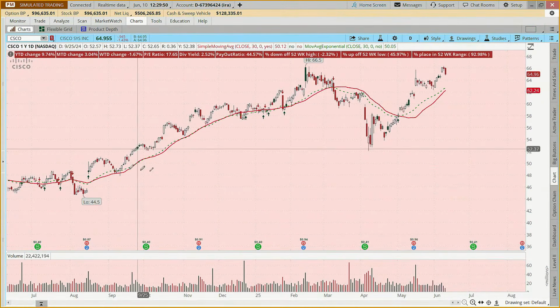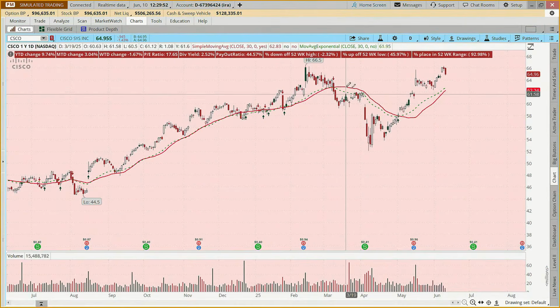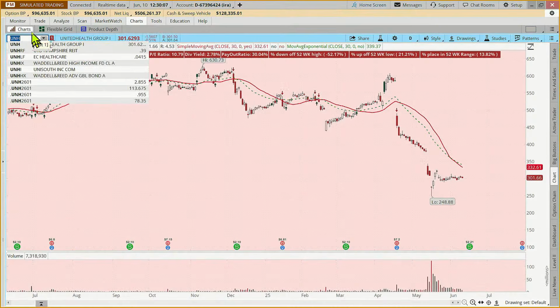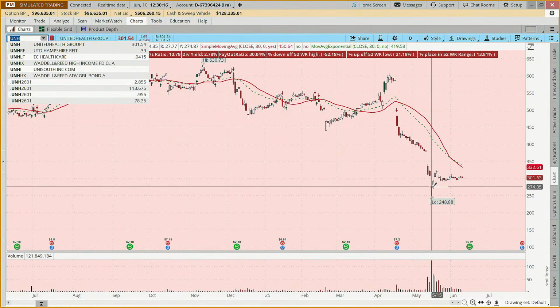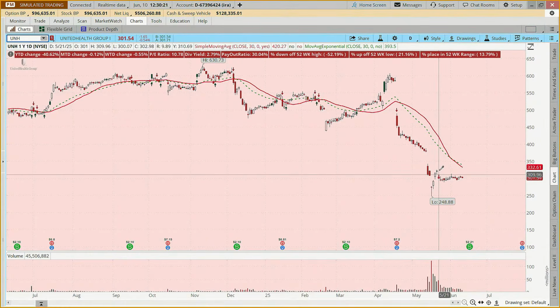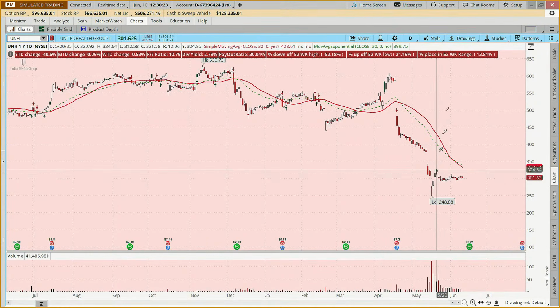So you can see that when I make this moving average exponential, as opposed to a regular 30-day moving average, it tends to drop faster when things drop dramatically. Like if we bring up UNH, we can see this line starts to fall a little faster because it's giving more weight to the most recent candles, but it's not a super dramatic difference, but it is a difference.